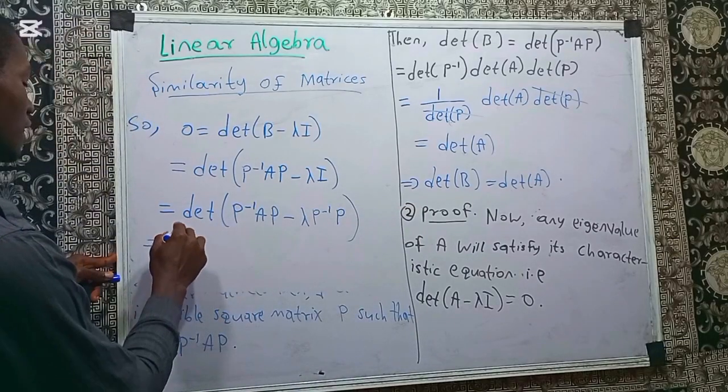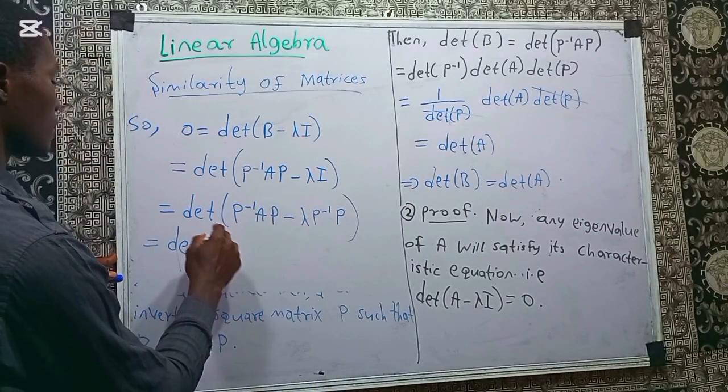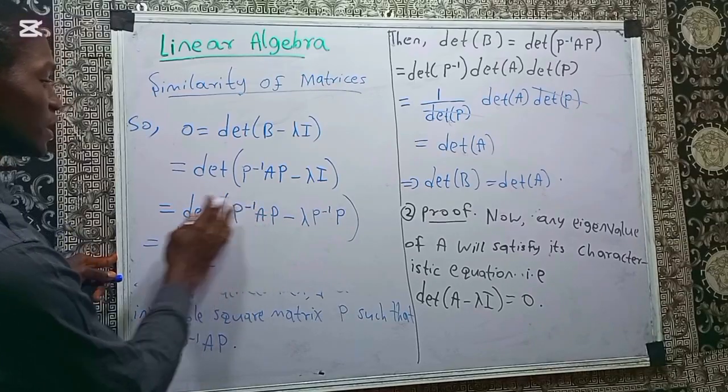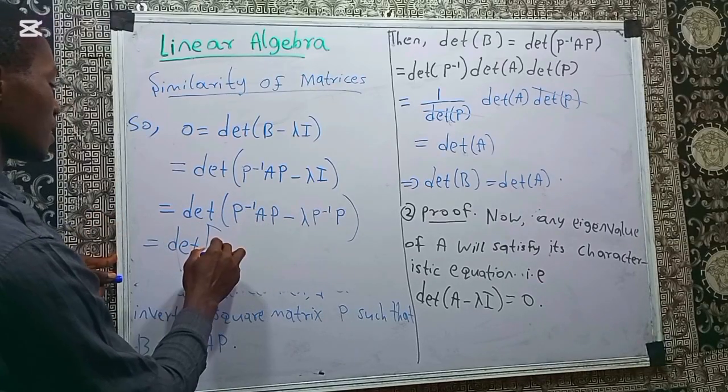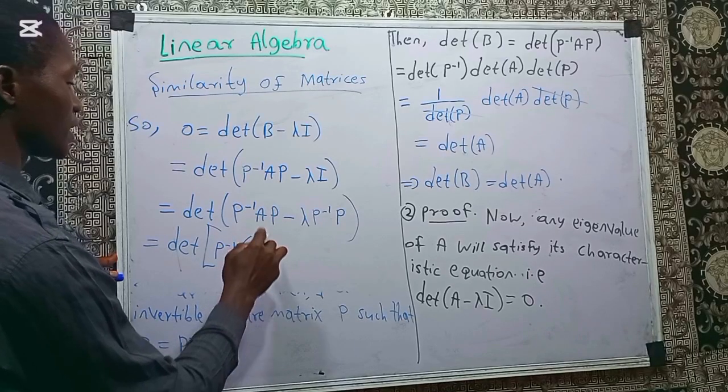So this implies the determinant of, so what I will do, if I factor out P inverse from the left, I have P inverse, then I have open bracket.